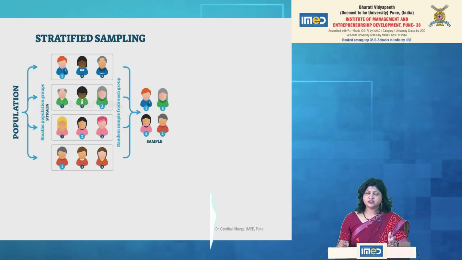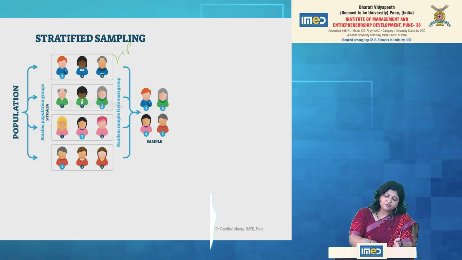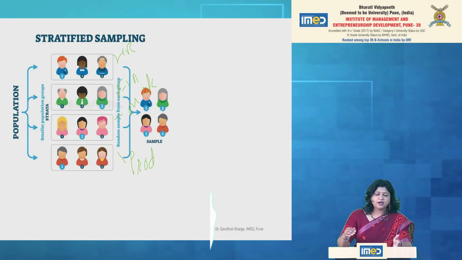Suppose the population is the employees working in an industrial unit, then each strata made here horizontally is nothing but a department. Suppose this is an HR department, this is a finance department, this is marketing, and this is production. Okay, so I have divided my population among these groups.